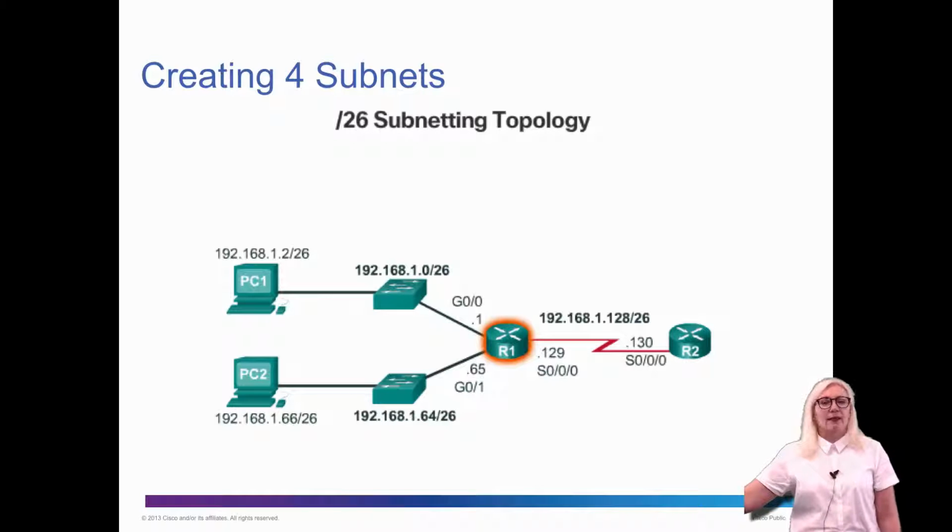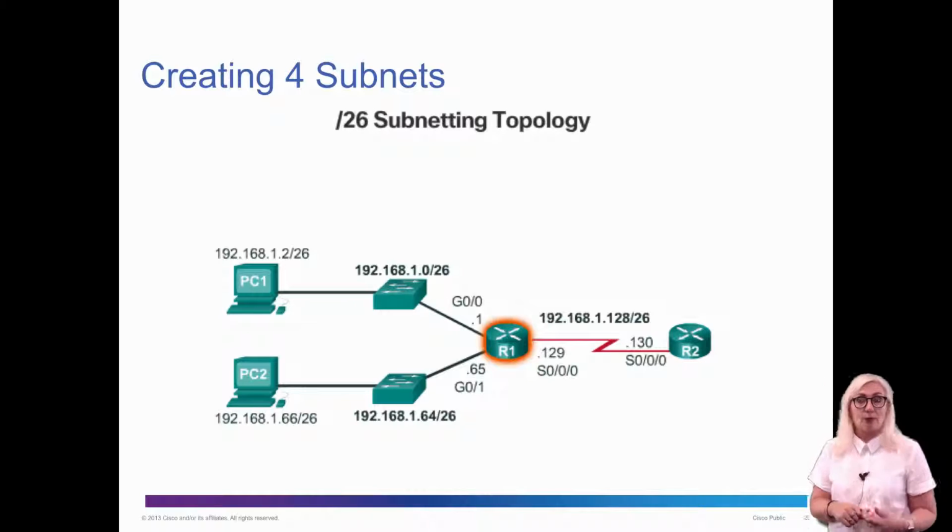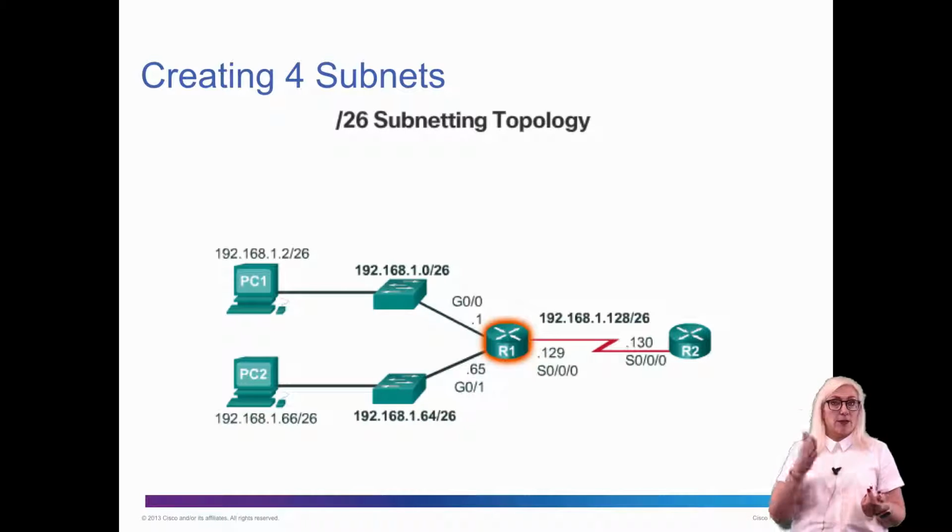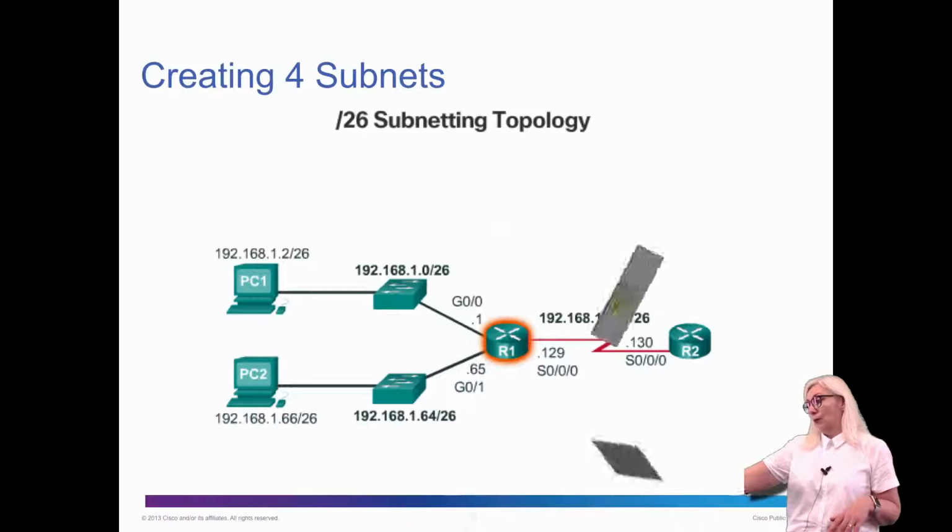So then I can also do the same thing when I, for instance, borrow 2 bits. That will create 4 new networks. And now my network address is /26. If I have the same address 192.168.1.0 in the beginning with a /24 address, borrow 2 bits gives me /26 in the new one, and that gives me 4 new networks.